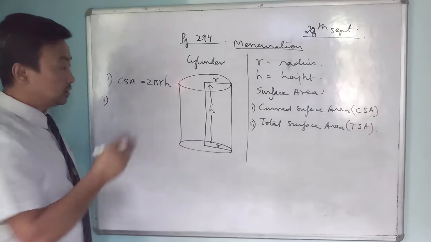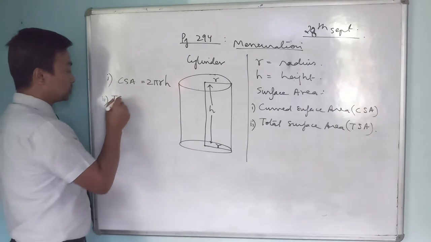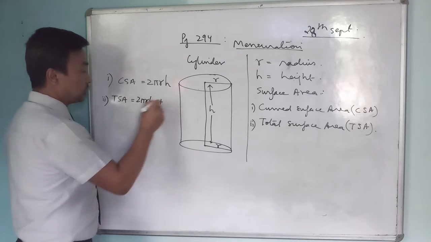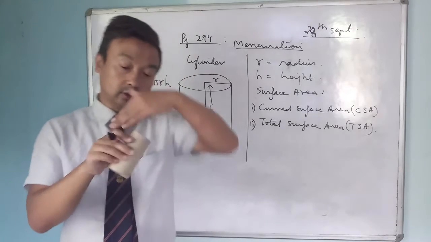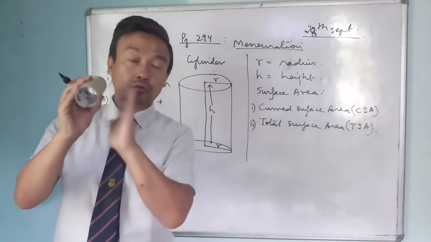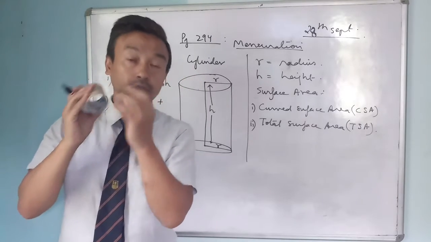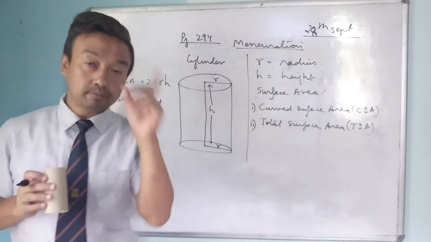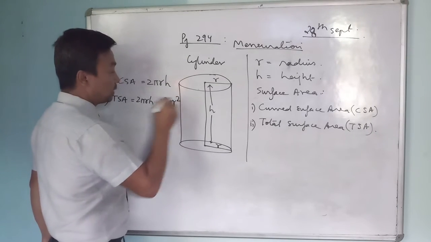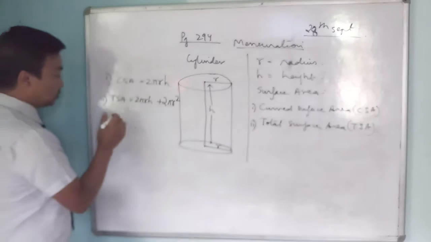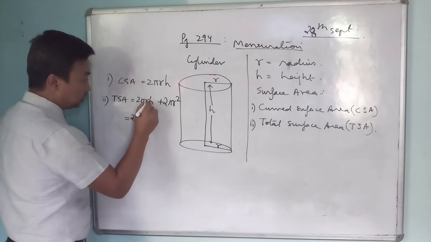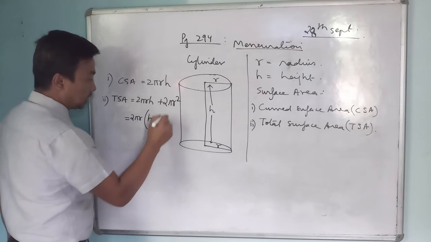And the second is the total surface area. In the total surface area, you take the curved surface area, on the side, plus the area of this face and the area of this face. These two faces are circular, and we know that the area of the circle is pi r square. Since there are two faces, it will be 2 pi r square. Now 2 pi r you can take common, bracket open, h will be left here plus r will be left here.